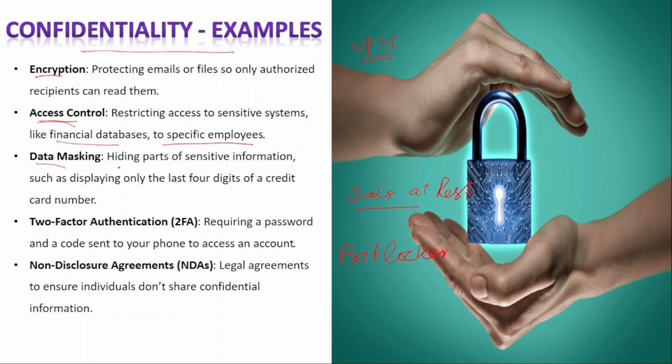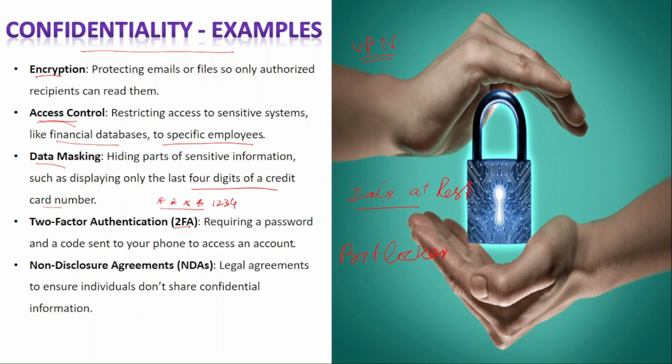Data masking: hiding parts of sensitive information, such as displaying only the last four digits of a credit card number. As you must have seen, the credit card number is hidden and asterisks are written instead of the actual number, and only the last four digits are visible. This process is known as data masking.